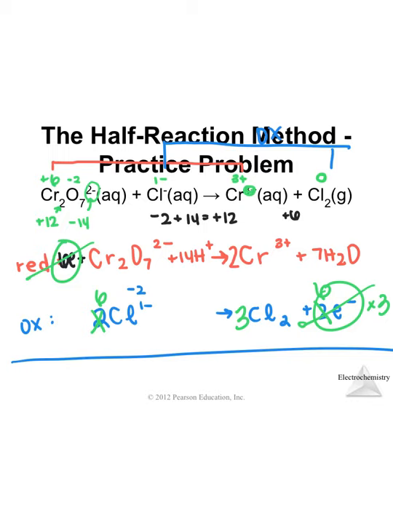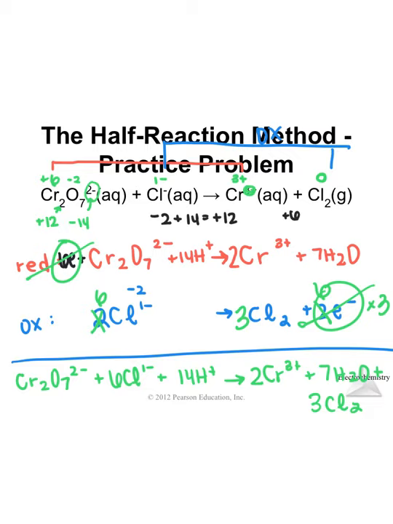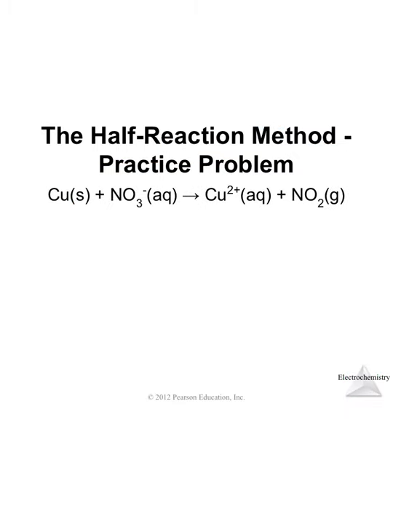So I've got Cr2O7 2-, plus 6 Cl1-, and 14 hydrogen. And then I've got 2 Cr3+, 7 H2Os, and 3 Cl2s. Okay, we're balanced. I want you guys to try one more on your own.